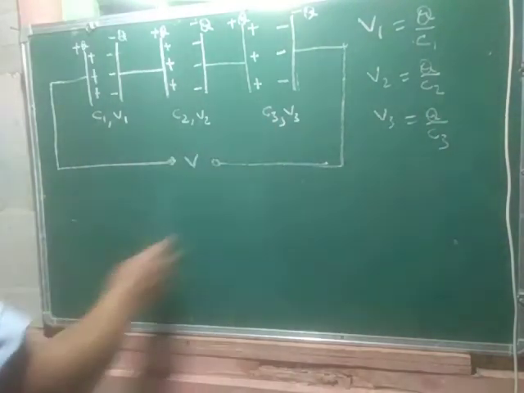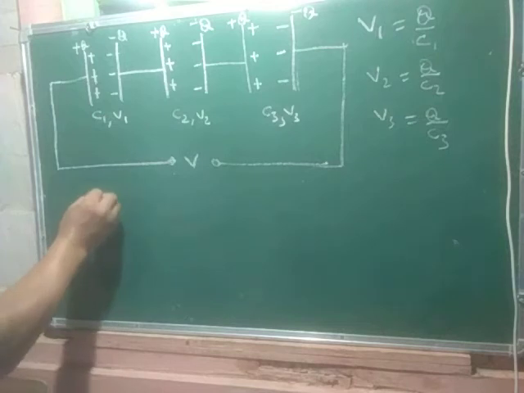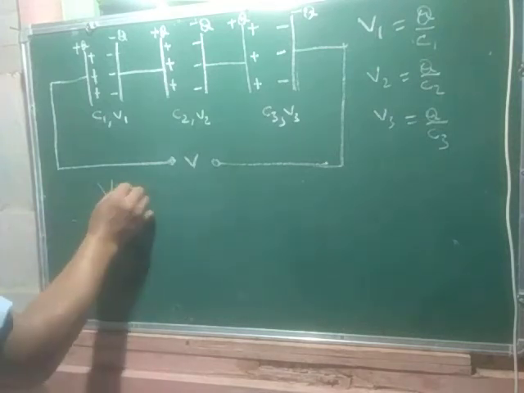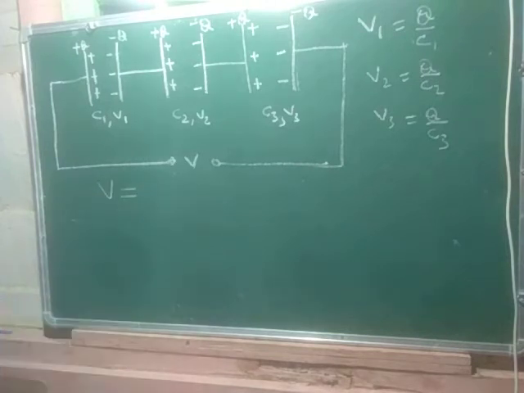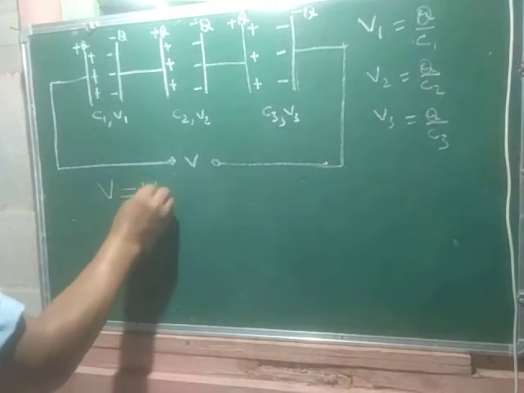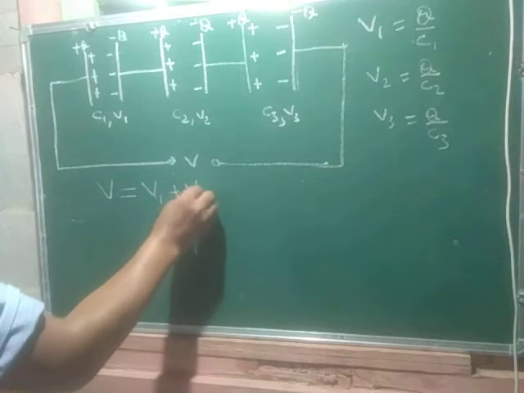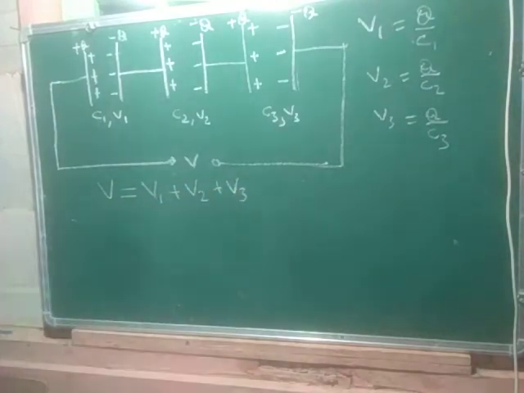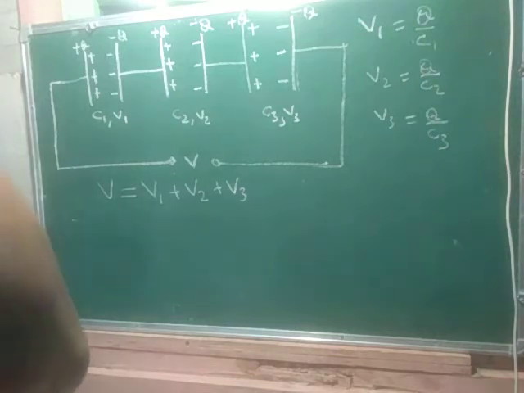Now, it is clear from the figure that the applied potential difference across the combination equals the sum of the potential differences across the three capacitors. That is V equals V1 plus V2 plus V3.